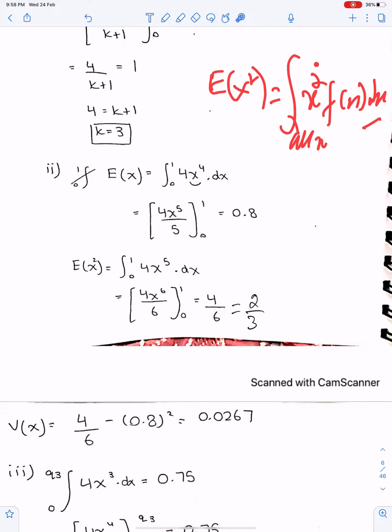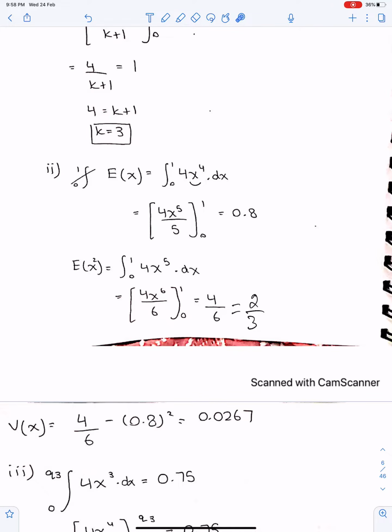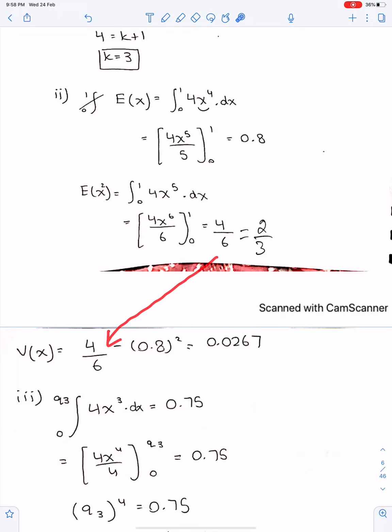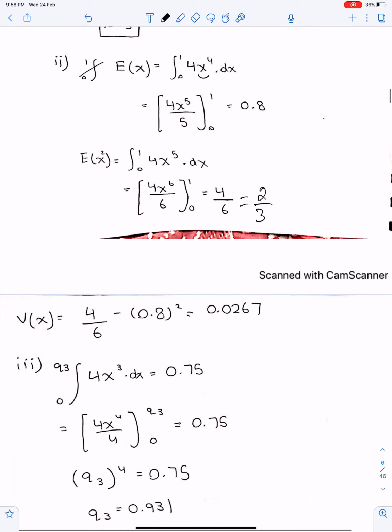So when you multiply x squared with 4x cubed, you'll get 4x power 5. You just need to integrate this, get this thing, and then you should use this in the variance formula. This is the formula of variance: E of x squared minus E of x, squared.